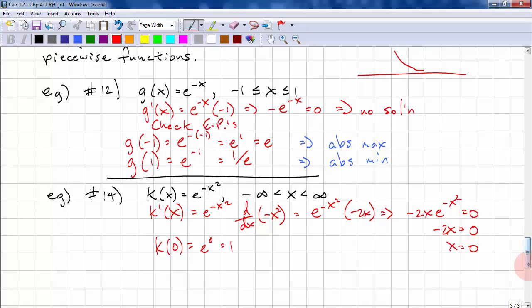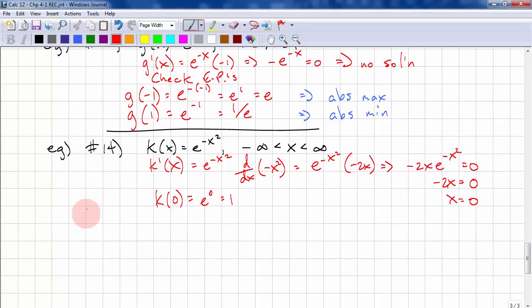Now we need to do the endpoints. And since they don't exist, we need to do limits. The limit as x goes to negative infinity of k of x equals, and we use direct substitution, e to the negative infinity squared.